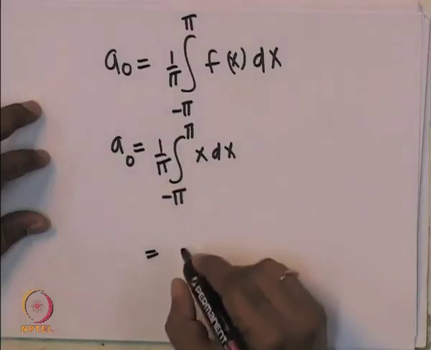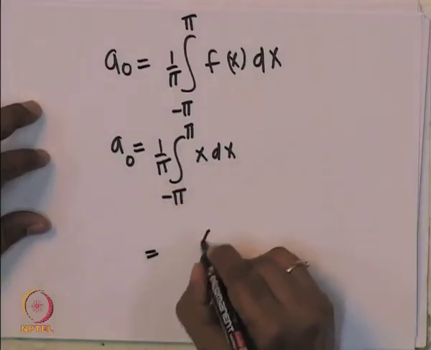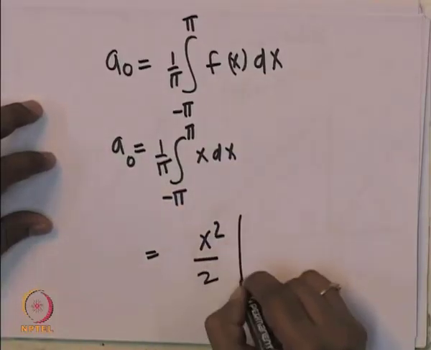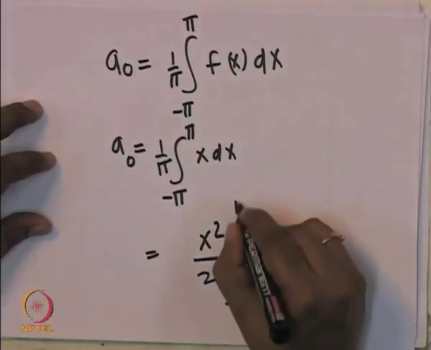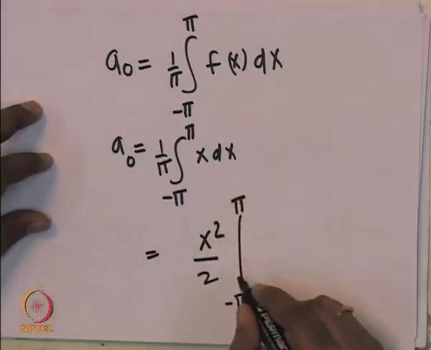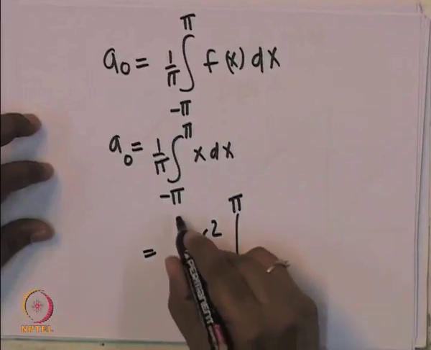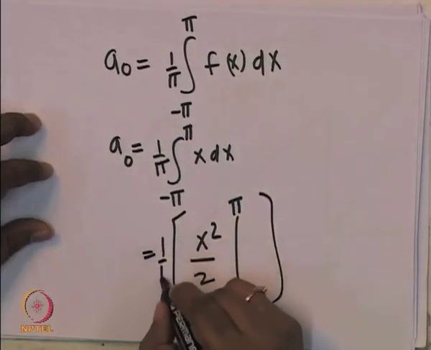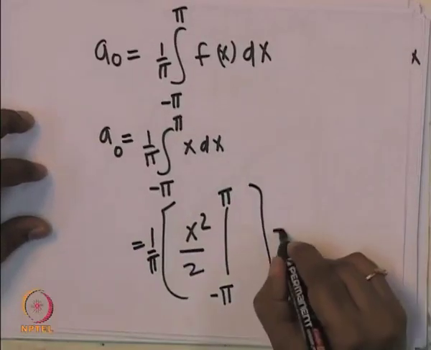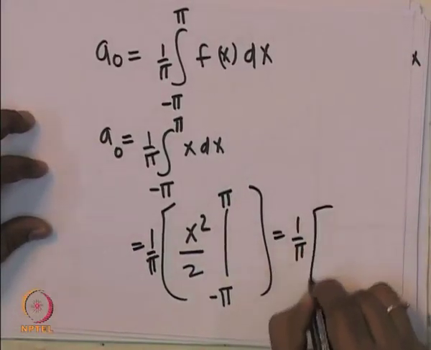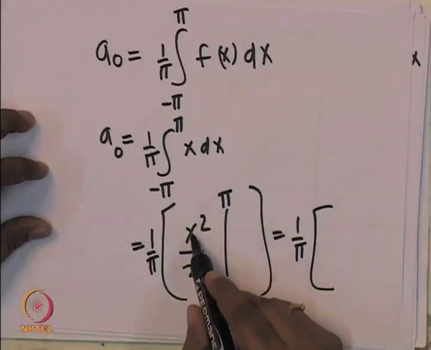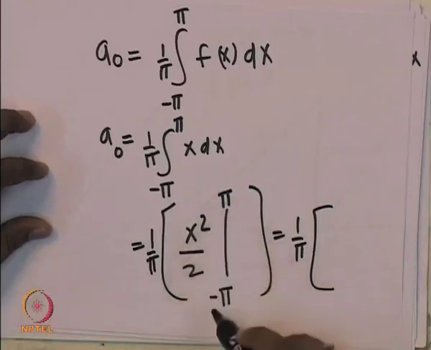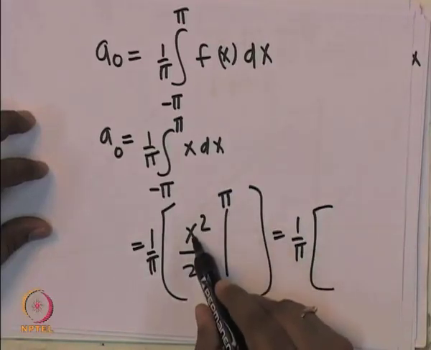You can do this: integral x dx is x square by 2, from minus pi to plus pi, the whole thing multiplied by 1 over pi. If you apply these limits, instead of x I have to put pi.